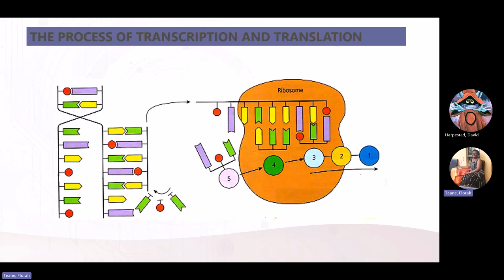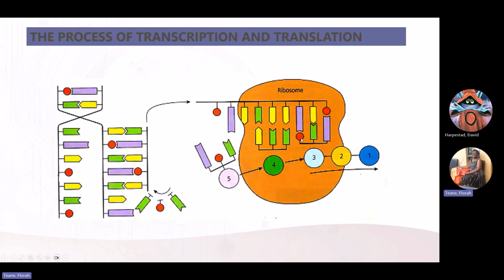The messenger RNA is formed. The message about a protein is being copied, and that process is called transcription. The message has been transcribed, has been copied. It is now taken out of the nucleus to the ribosomes.